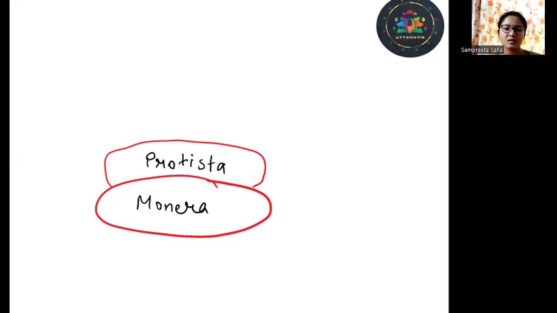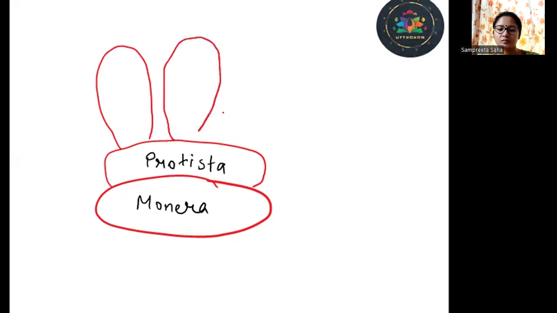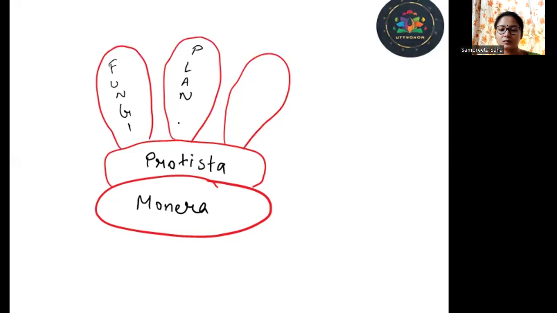Then from Protista, three other groups have emerged. What are the three groups we have? We have fungi, we have plantae, and we have animalia.